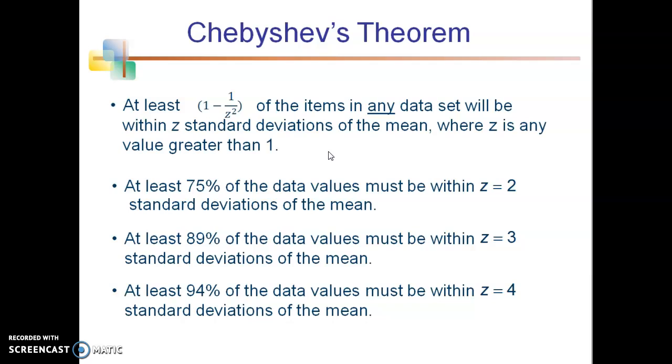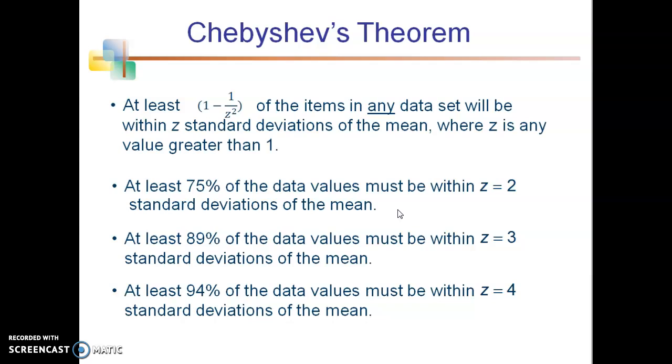So for example, if we want to know the percentage of items that are within 2 standard deviations of our mean in our data set, we'd plug in 2 here. Well, 2 squared is 4. 1 over 4 is 0.25. 1 minus 0.25 is 0.75. So 75% of our data must be within 2 standard deviations of our mean.